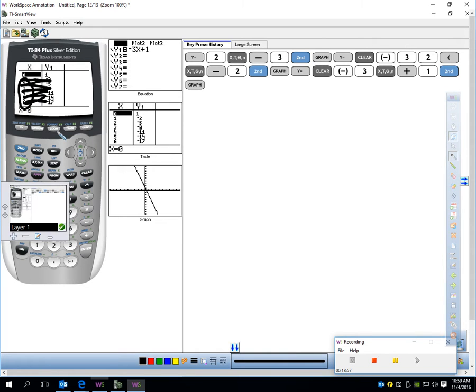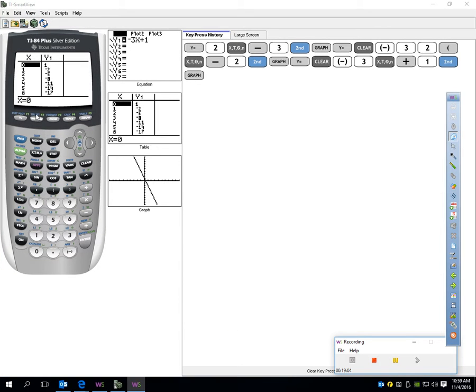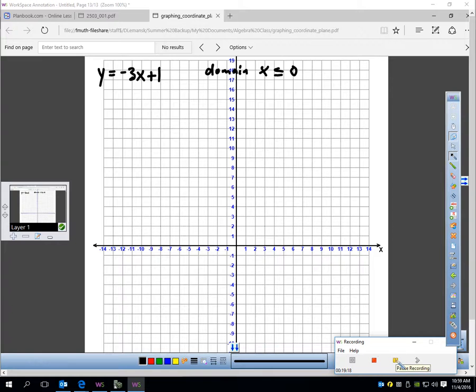I can only graph the values that are less than or equal to 0. So I'm going to scroll up here a little bit, and here are some values for x that are less than or equal to 0. So I could plot (0, 1), (negative 1, 4), and (negative 2, 7). Let me do that right now. So I said (0, 1), (negative 1, 4), (negative 2, 7).